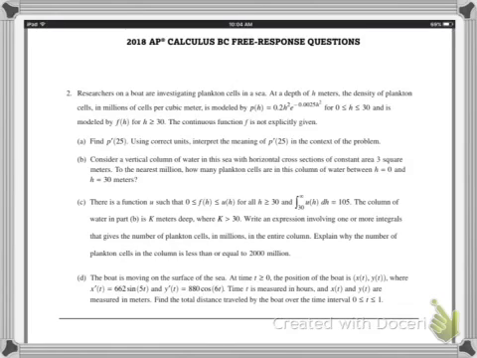The continuous function f is not explicitly given. So we know the function for depth less than or equal to 30 meters, but for greater than or equal to 30 we don't know.